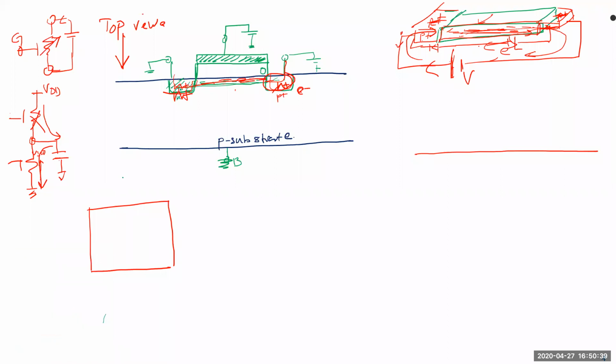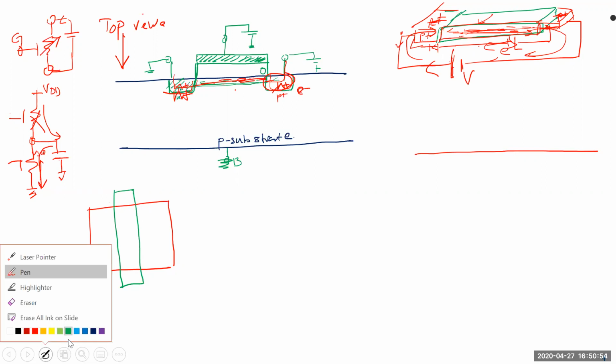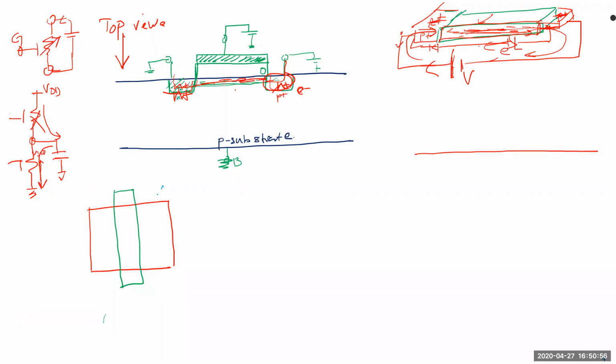Okay. So the way you draw the layout, what's called the layout, is you draw this rectangle, and this defines your source drain area. And this is your gate.